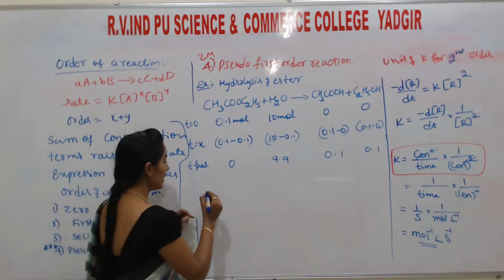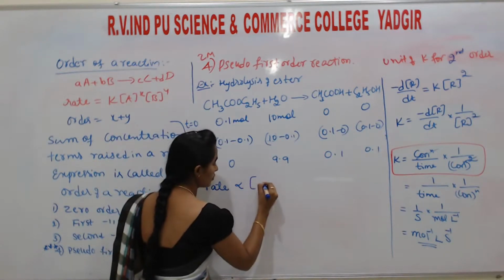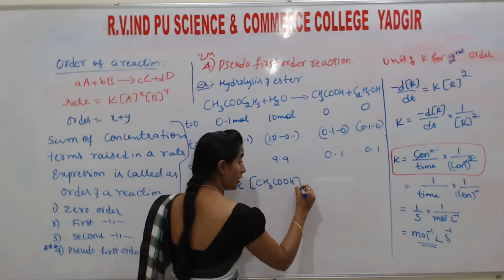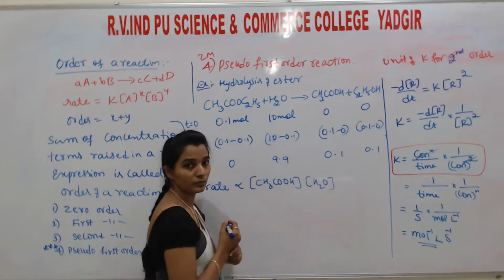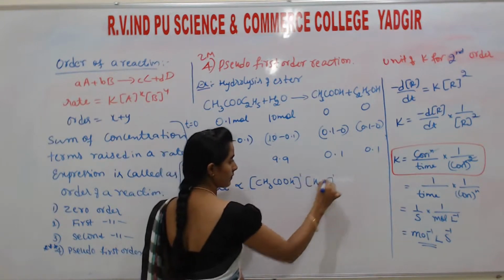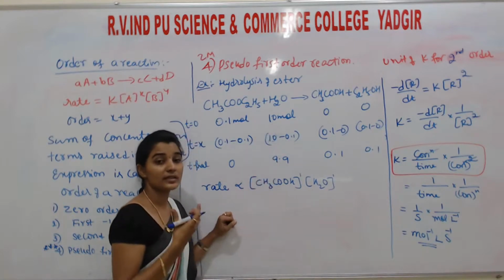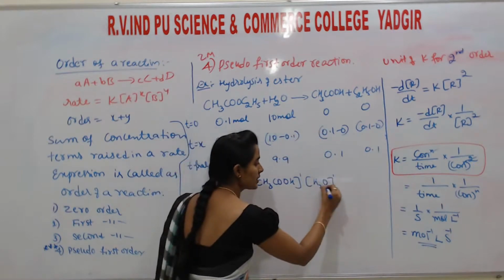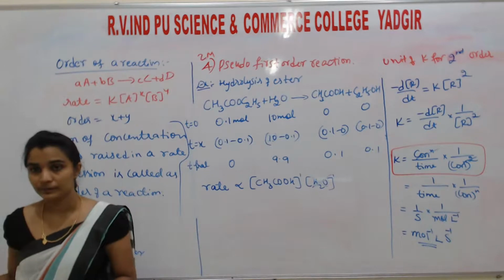So here rate is directly proportional to the concentration of the ester and also the concentration of H2O. But this H2O is present in excess. It is a solvent. Present in excess means the concentration of H2O is neglected.